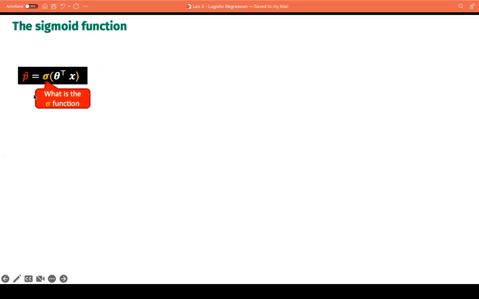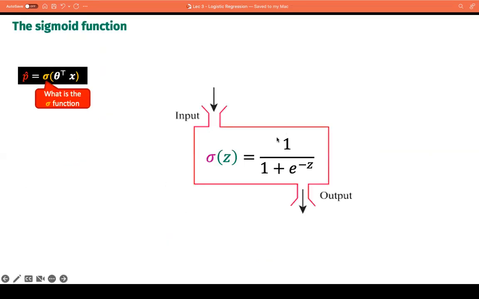So the sigmoid function is in this form, 1 over 1 plus e raised to negative z. Wherein z is the input to the sigmoid function, and e is the base of the natural logarithm, also called Euler's number, with an approximate value of 2.7, right?